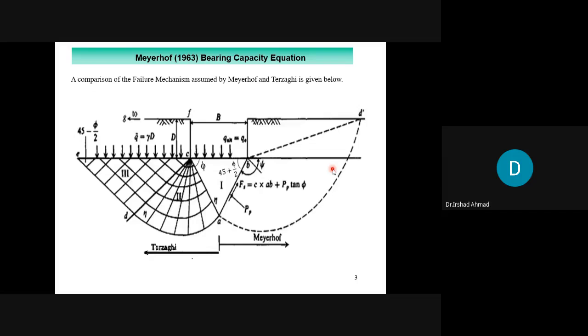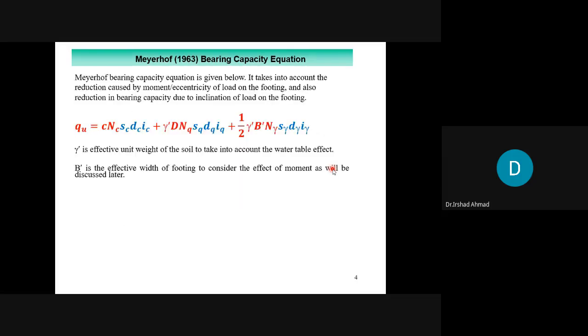The bearing capacity equation derived by Meyerhof is in principle the same. It has three terms: first term, second term, and third term. The first term is due to cohesion, the second term is due to surcharge, and the third term is due to self-weight of the soil under the foundation.